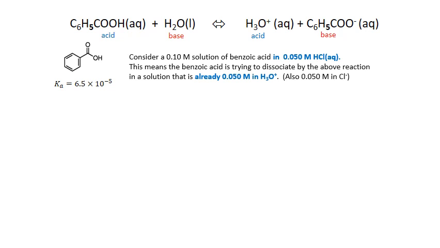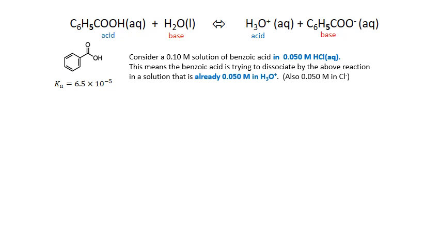Making a 0.1 molar solution of benzoic acid, but this time not in pure water, but in 0.05 molar HCl. Now, HCl is a strong acid, so that means you have 0.05 molar H3O+ to start with, and also Cl-, but the Cl- doesn't do anything.